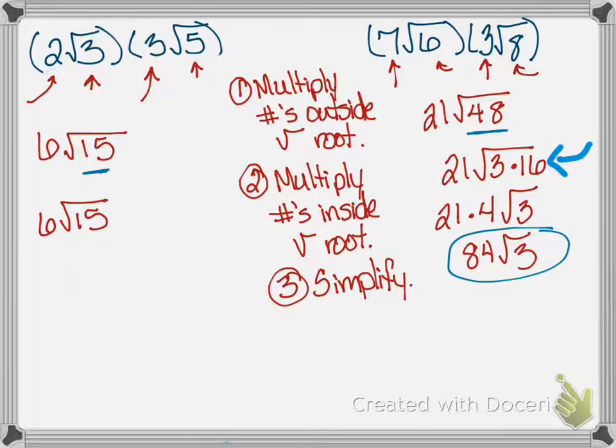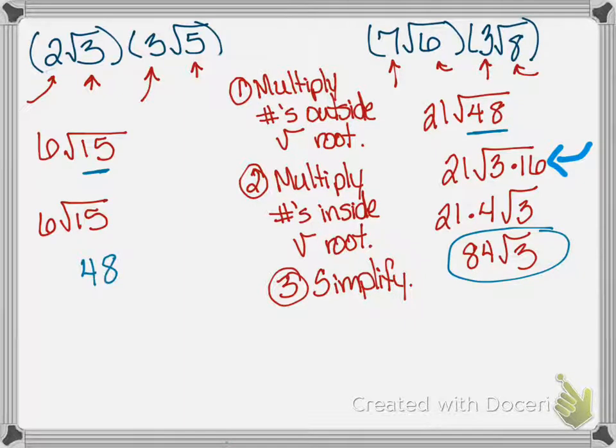And a lot of people will leave it as 2 on the square root of 12. Okay? So what can we do to make sure we get the biggest perfect square factor out of 48? Okay? So, and that's called prime factorization. That's what we're going to do, is we're going to do prime factorization.